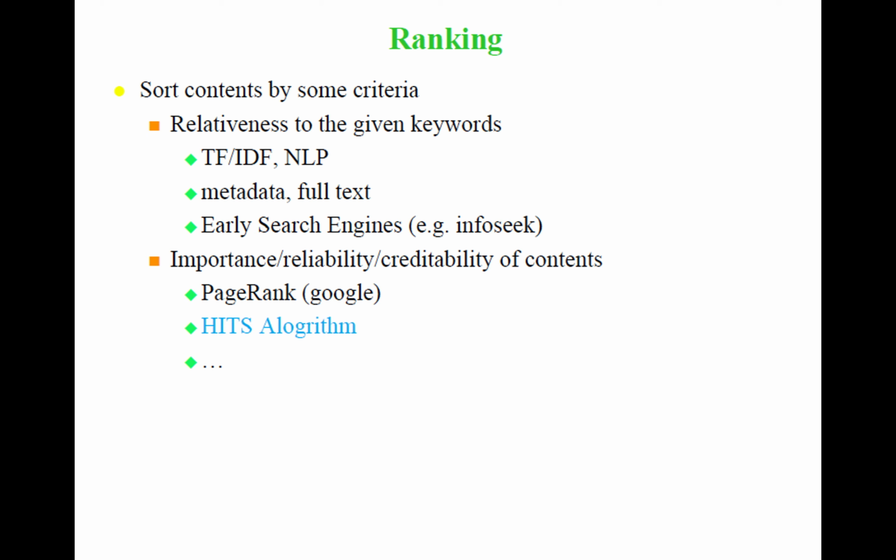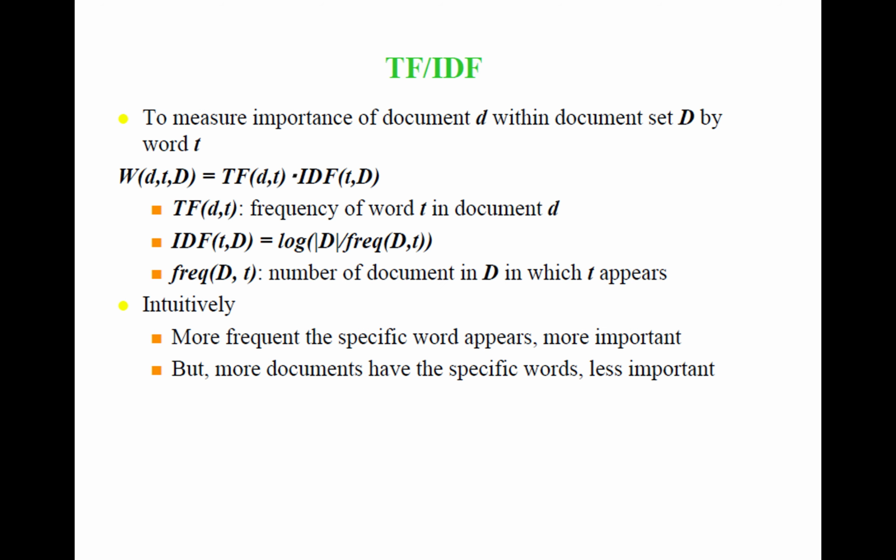And there is also importance, reliability, and credibility, which could come from Google's PageRank algorithm, or the hits, how many hits a site has gotten, right? Also, it could be the citation score for a research paper. So this is the way of finding out the ranking of the sources.